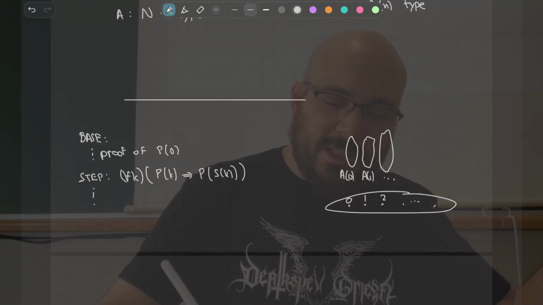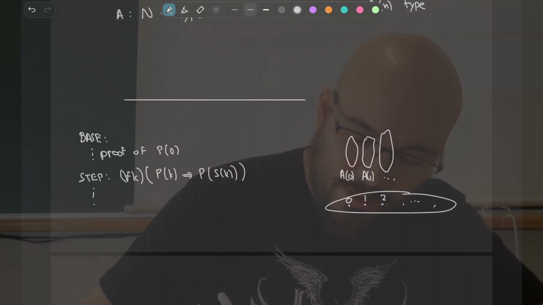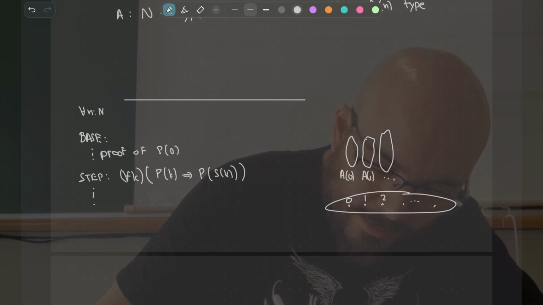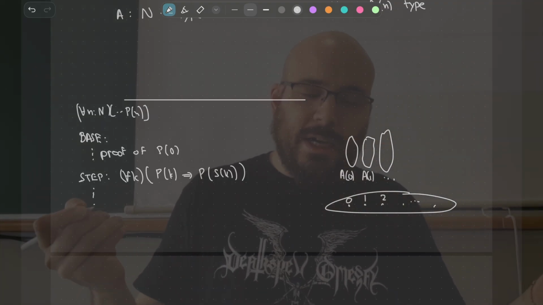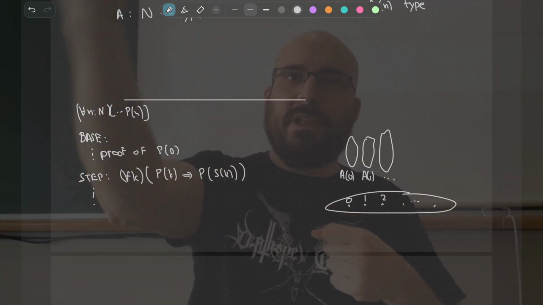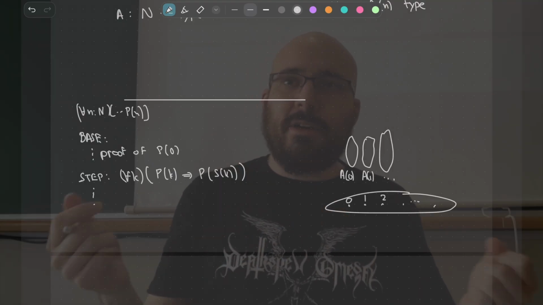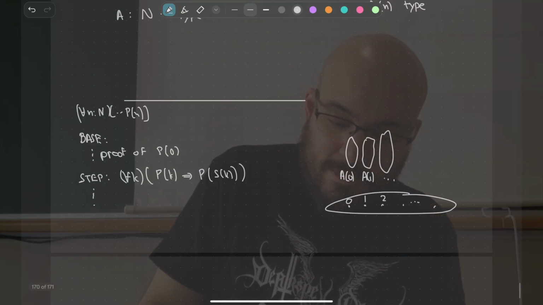But what does it mean to give a proof? It means that, when I want to define that for any natural number n, something happens, P of n, essentially what I need to provide is a function that given any natural number gives back a proof that this natural number has this property. So how will I define a function from the natural numbers to all this space here?